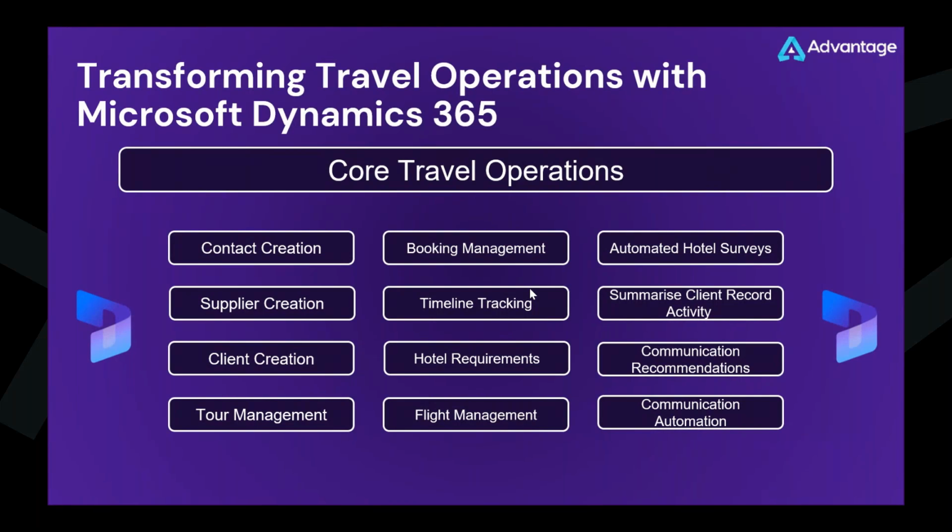Rather than somebody having to go to multiple hotels, get the information and ring up, those surveys can go out automatically. They can fill them out, so you can gain a lot of the data back into your system, which is then held as well. You can see what that looks like not just for one client, but for multiple clients as well. Then we can summarize the client record activity. We can also give communication recommendations, but also the auto.